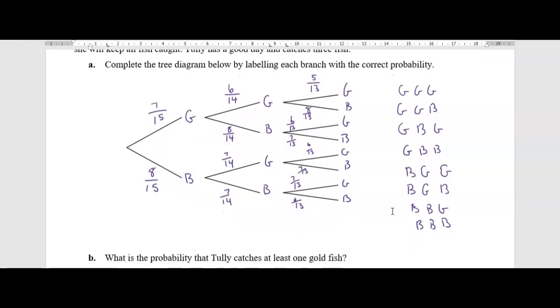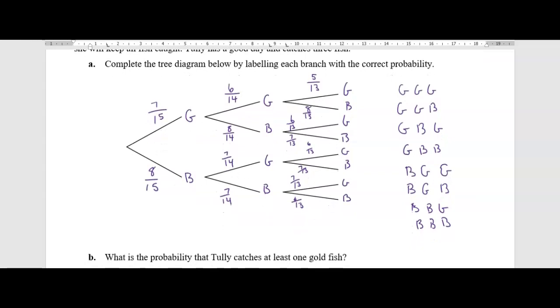Now, she wants to catch at least 1 goldfish. So basically, we want that outcome, that one, that one, that one, that one. Anywhere we see a G. So we see a G everywhere except for that last one. So you could say, oh, I need to do the probabilities of all these, but that's just silly. So remember, all your probabilities add up to 1.